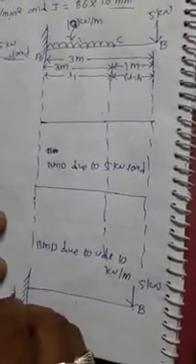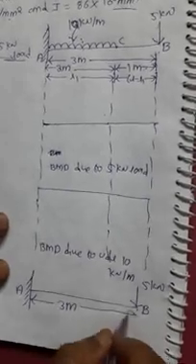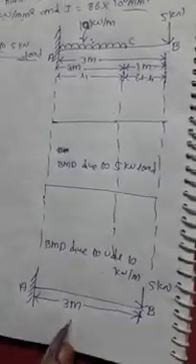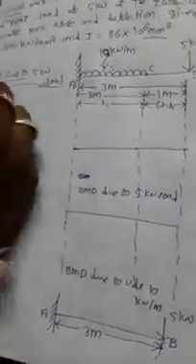This is B and this is A, and the overall span length is 3 meters. You can find the bending moment values for this reference diagram. The moment at B equals 0.